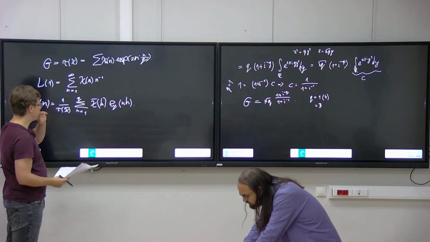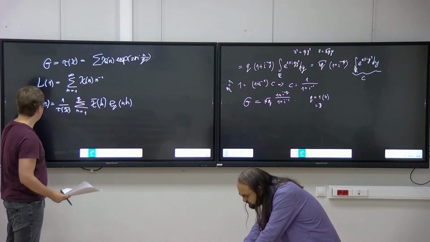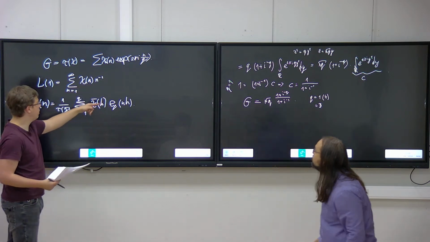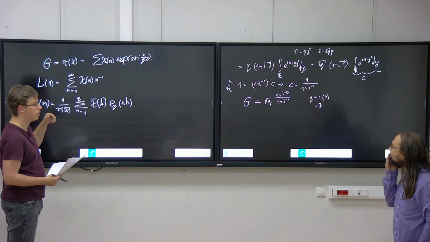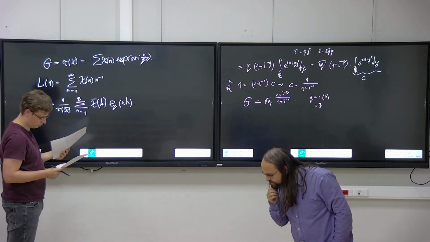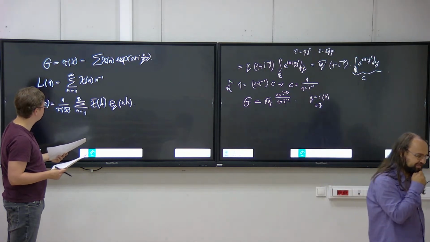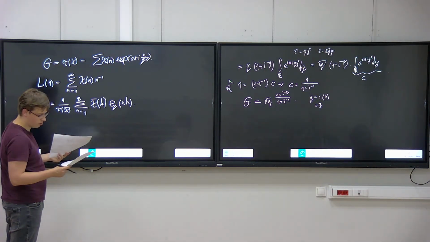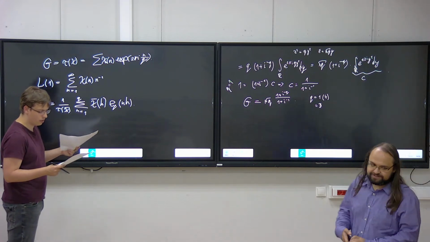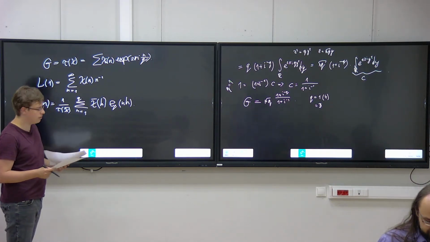Now if you replace chi of n with such a sum, you will get, oops, it's incorrect, right? It should be chi conjugate in the sum. Sorry for that. So yes, in problem 5a, you have chi conjugate also in the sum.